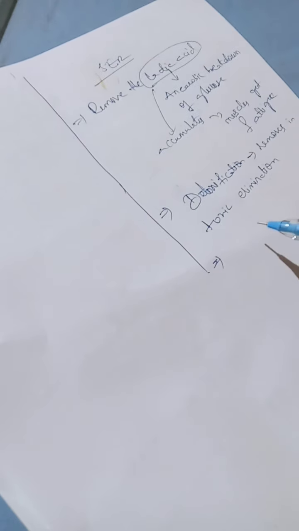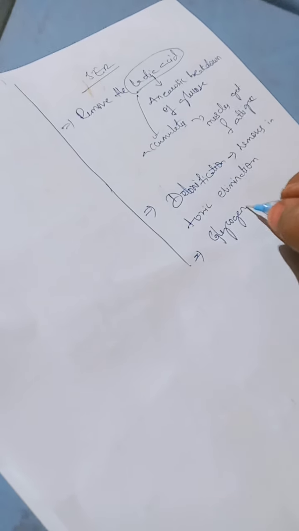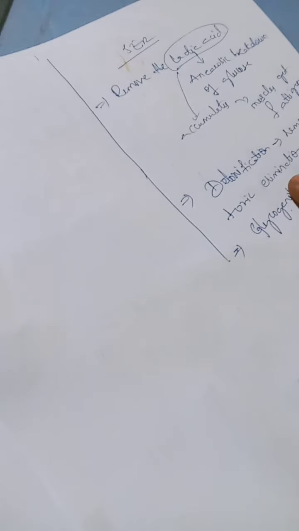And one more last function of SCR is glycogenolysis. Glycogen lysis means breaking, so glycogenolysis. This glycogenolysis especially takes place in liver cells, by the SCR. So these are the important functions of the SCR.